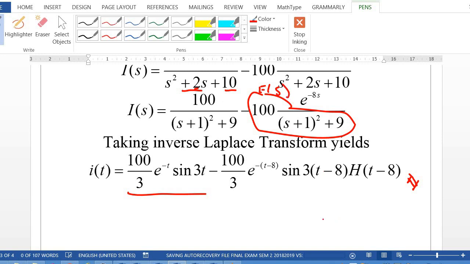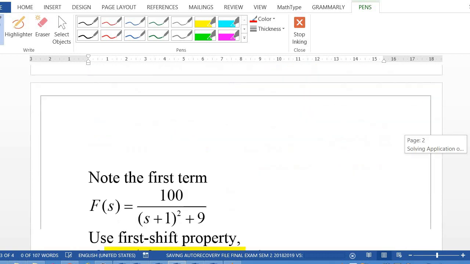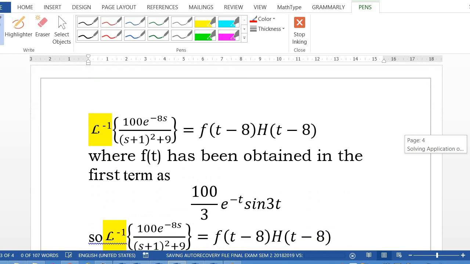Using the second shift property, you get f(t minus 8) multiplied by h(t minus 8), where the f(t) is obtained from the first term, 100 over 3 e to the negative t sin 3t. The t here is replaced by t minus 8.